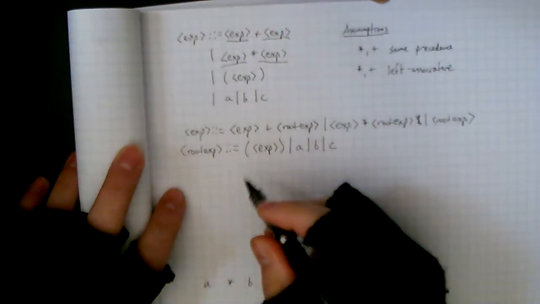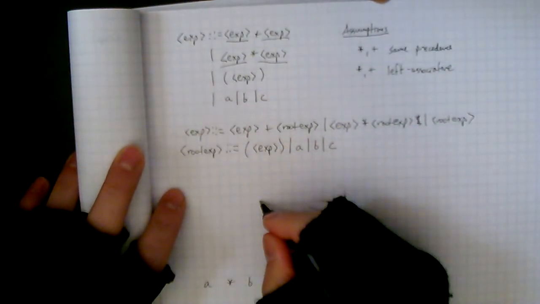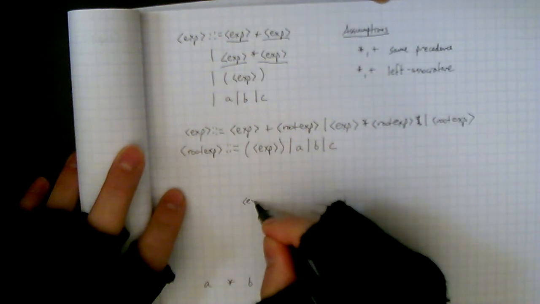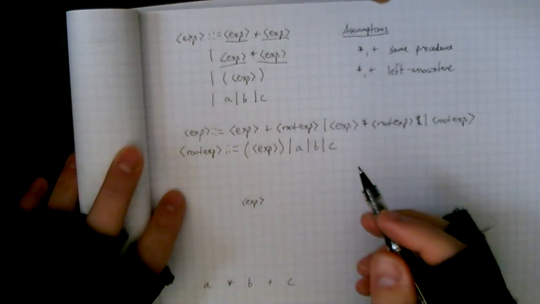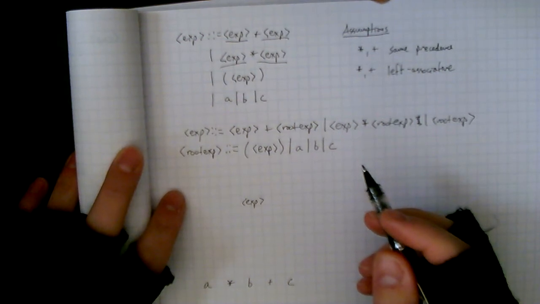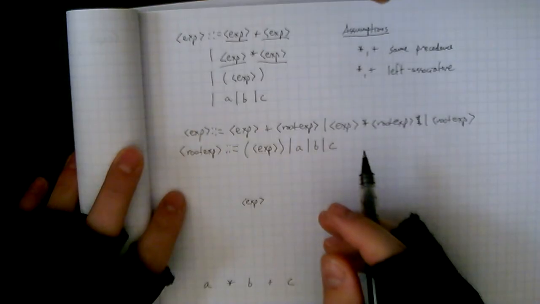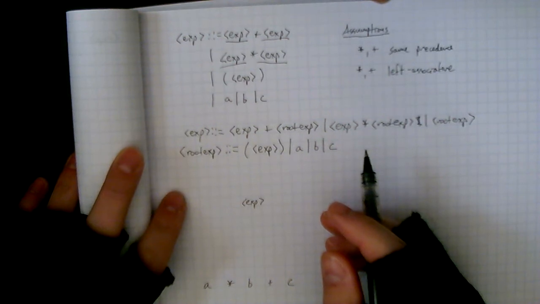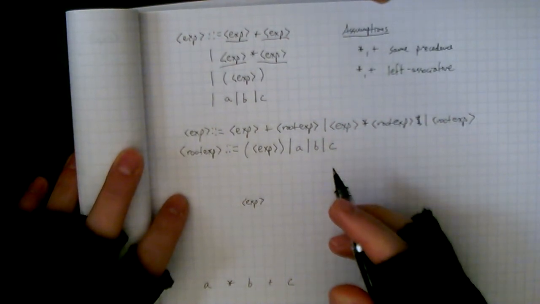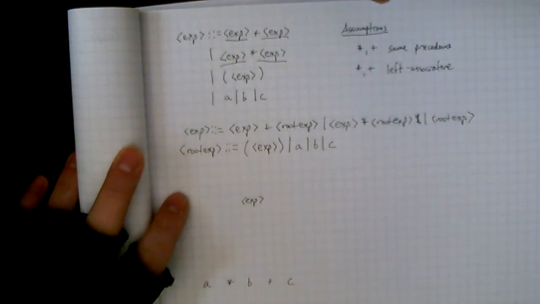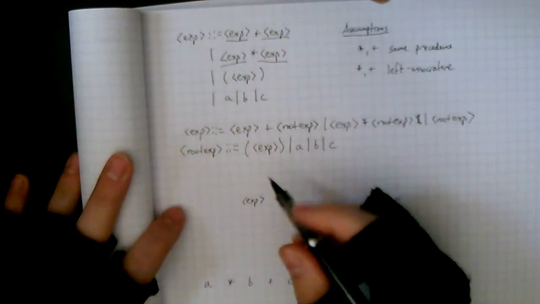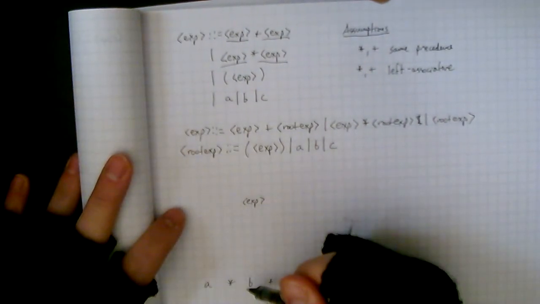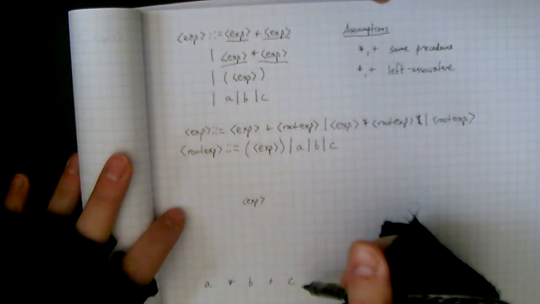And so if we start out with just exp at the top, our goal should be to see if we get the same resulting parse tree. So we take a look, and it's a times b plus c.